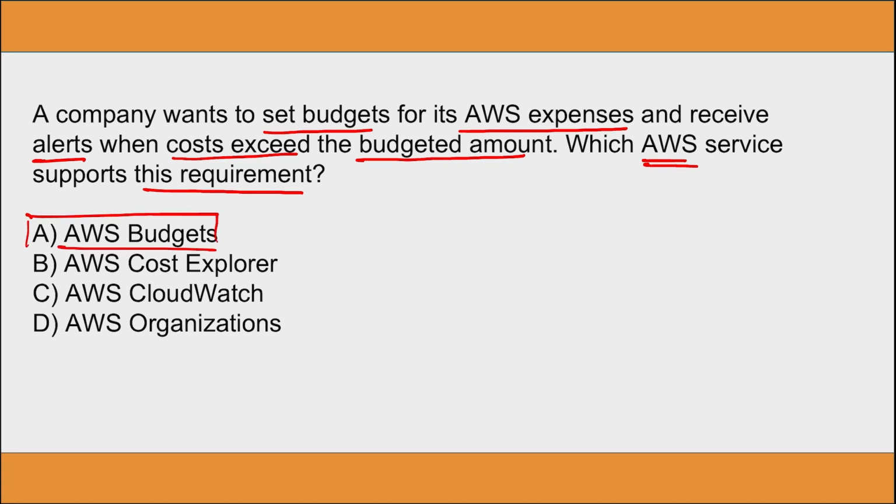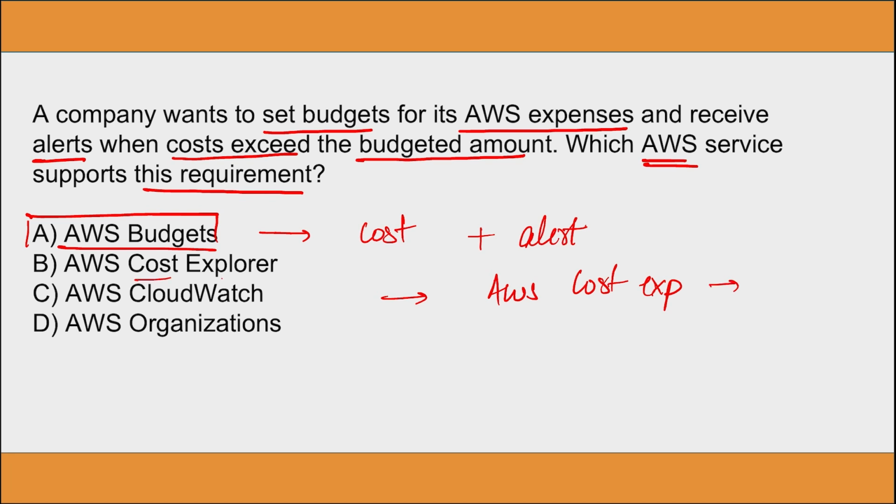AWS Budgets enables setting budgets for our AWS expenses. This will help us to track our cost and also provide an alert when we are about to reach that amount and if it goes beyond that amount. This will be integrated with AWS Cost Explorer for detailed reports.